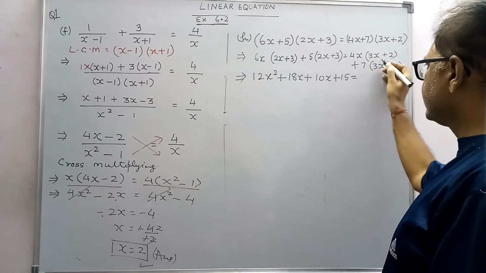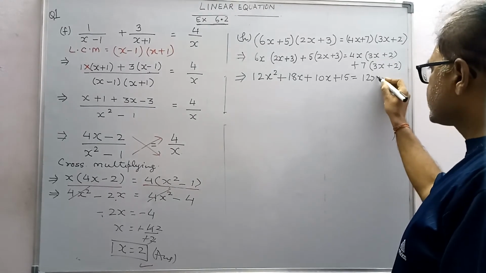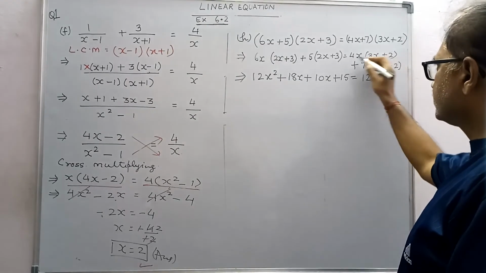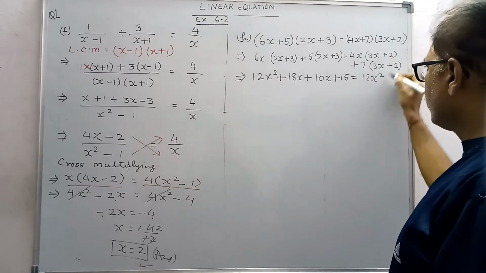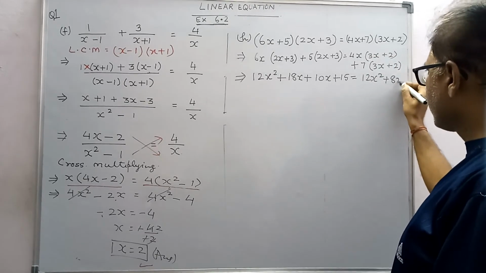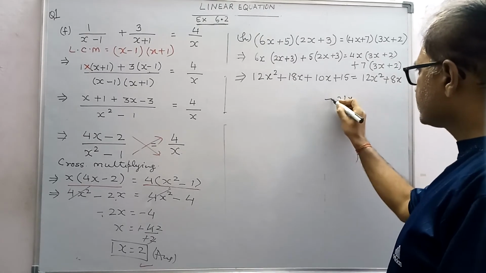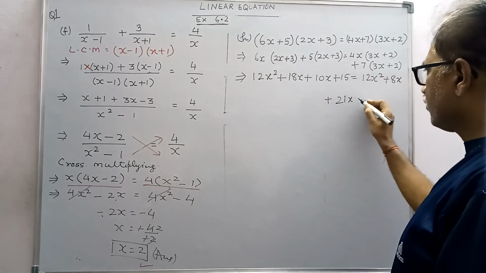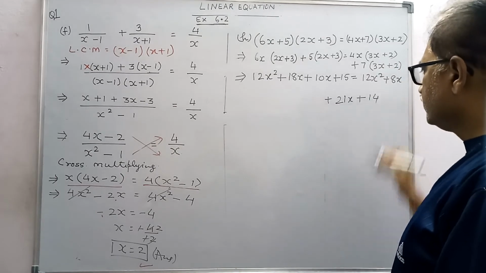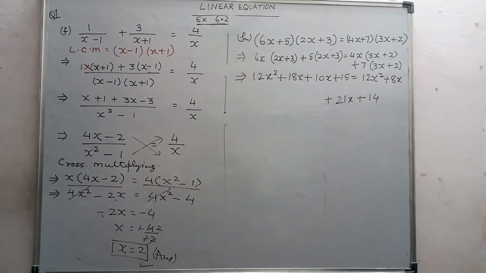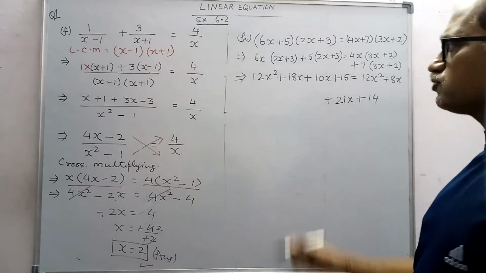This is equal to 4 threes are 12, x into x, x square. 4x into 2 is equal to 8x. 7 threes are 21, 21x. 7 twos are 14, plus 14. Quite simple. All positive signs, so there is no problem about signs.